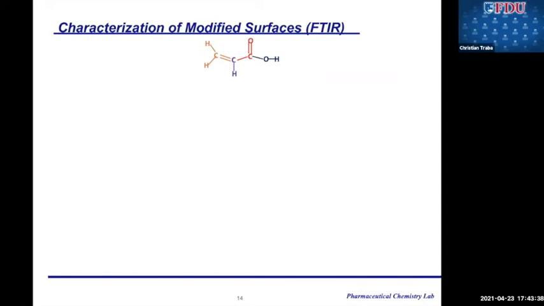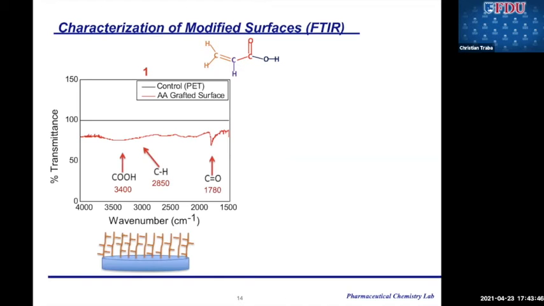Here is the chemical structure of acrylic acid. This is the monomer used for the construction of our grafted surfaces. Figure 1 shows the ATR FTIR spectrum of our plasma-treated biomaterials, also known as our control, and the acrylic acid grafted surface.